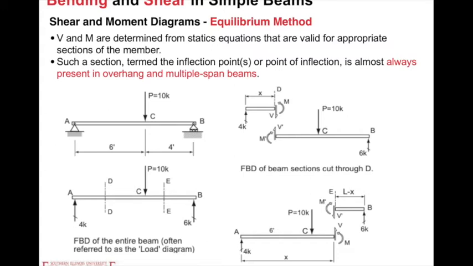Now let's go to the next topic, how to calculate the shear and moment diagram. We call this first the equilibrium method. The main idea of this method is we have some imaginary cuts, like the method of sections when we calculate the truss structure.